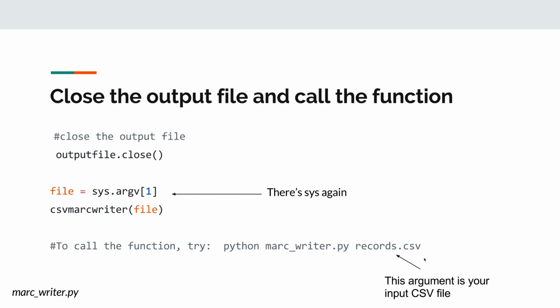And this input file, records.csv, is included in the GitHub repository so that you can just run this on your own. You might need to re-download and unzip the existing repository that you have, or you can just download records.csv and markwriter.py on their own and run them separately to see how this all works.